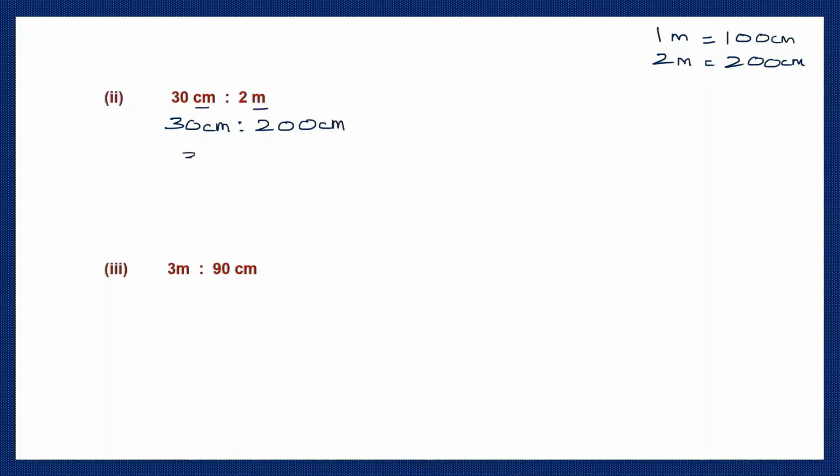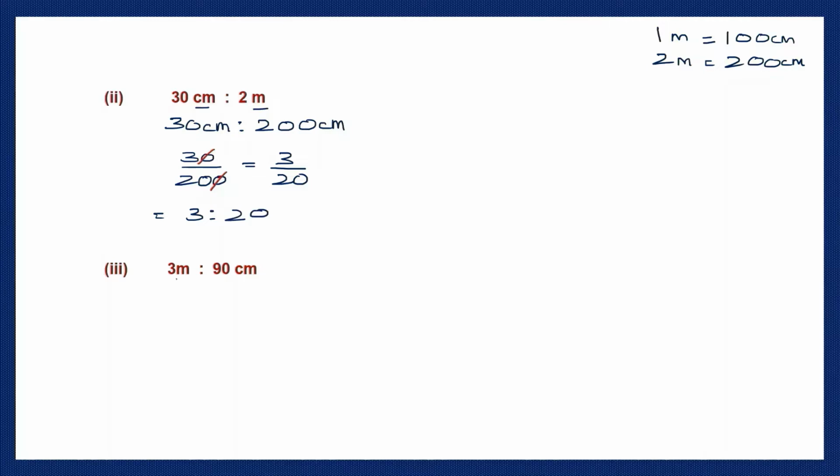So first step, let's write it as a fraction, 30 by 200. Now let's cancel. I can cancel 1 0 there and 1 0 here. Now there's nothing more that I can do. So this is my fraction, 3 by 20. So my final answer as a ratio will be 3:20. This is my final answer.